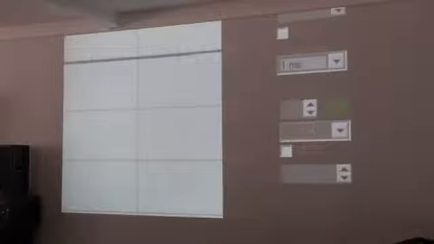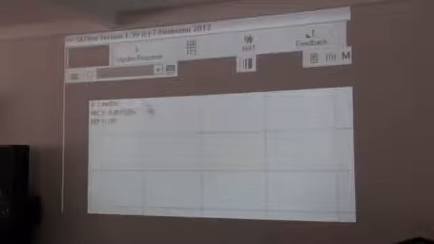So if I do 1 millisecond, then we will have 1 millisecond every vertical line.